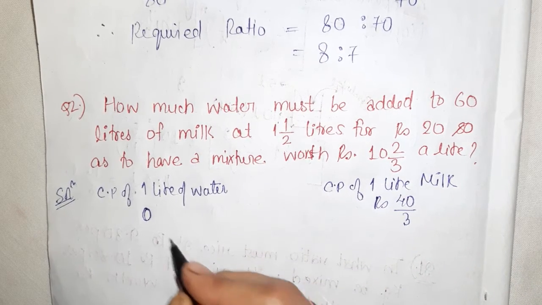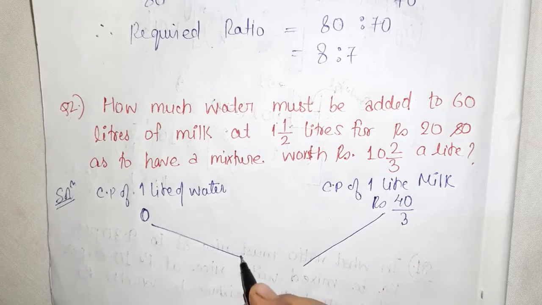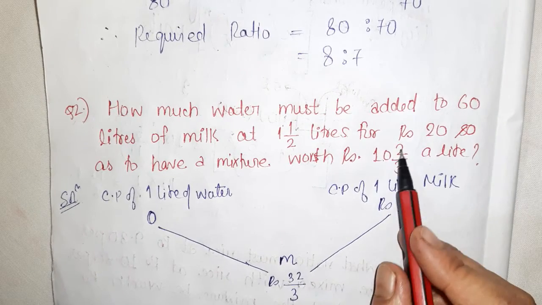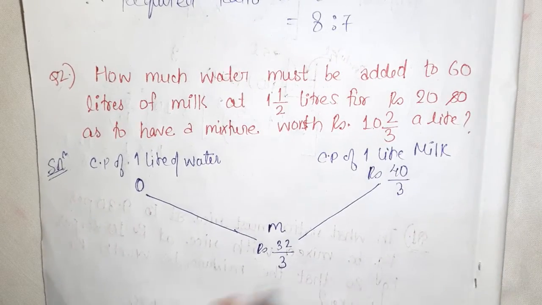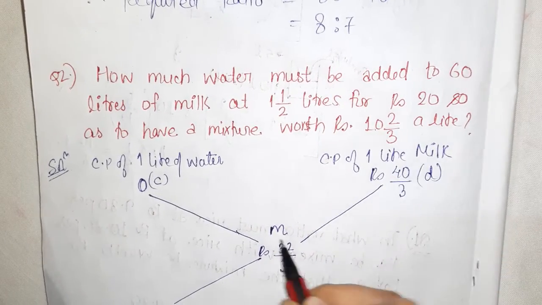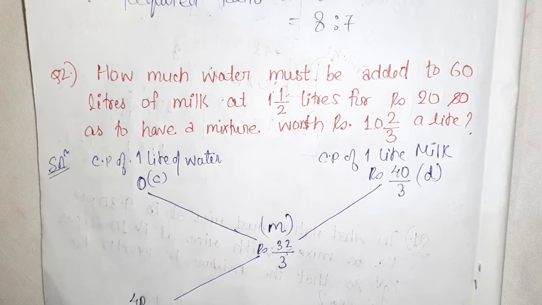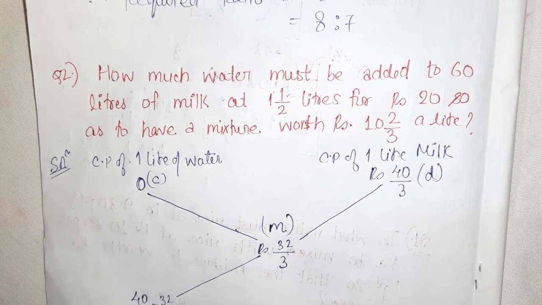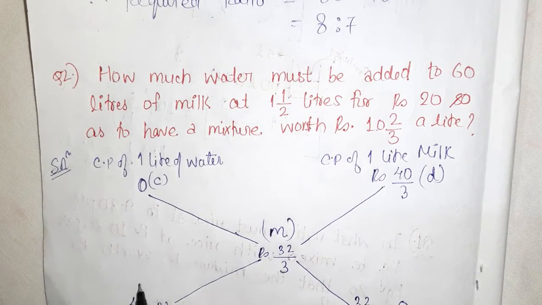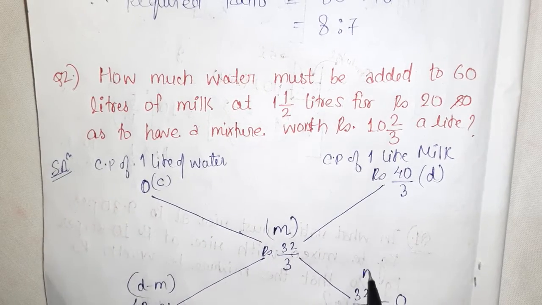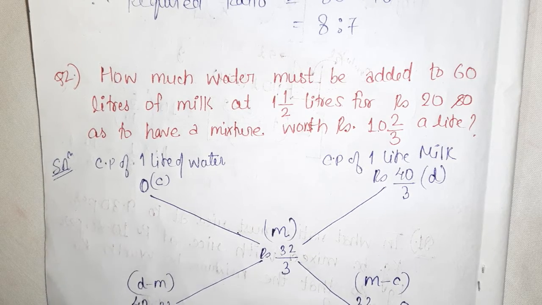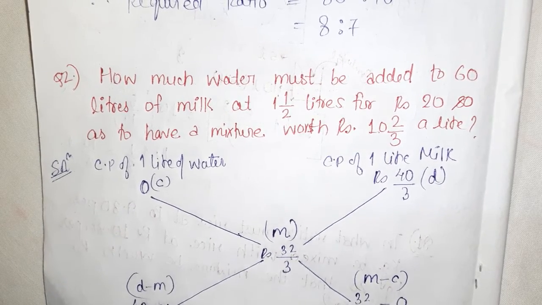Here the mean price M is rupees 32/3. It is 10 2/3 as a mixed fraction, so it is 32/3. Now this is your C, this is your D, this is your M. Here D minus M means 40/3 minus 32/3, and M minus C is 32/3 minus 0.